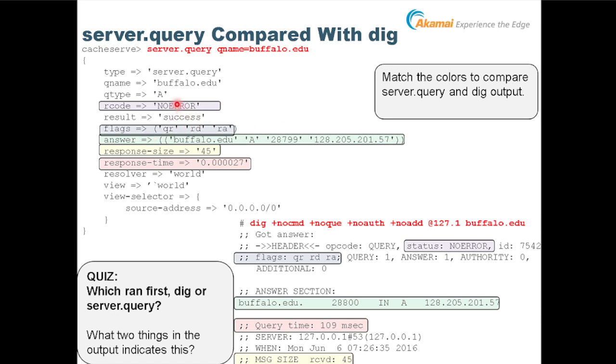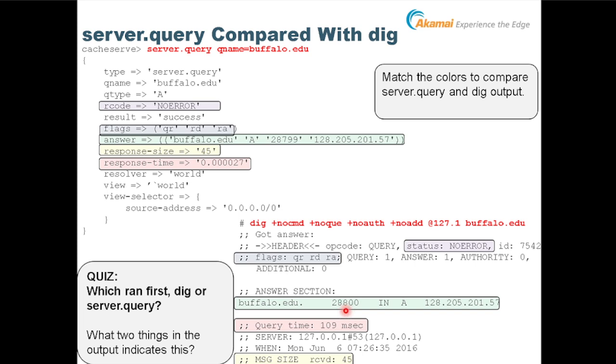If you compare what you see with server.query versus what you would get with dig, you get all of the same information, plus you get CacheServe specific details about the resolver and the view selector and the view.